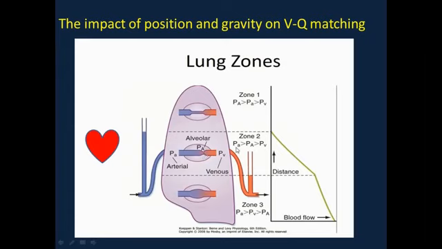So the arterial pressure is higher than alveolar, but alveolar is higher than venous. So the venous flow will be low, and the blood flow will decrease or stop at the end of systole. In the lower part of the lung, the blood flow will be continuous, systole and diastole. Here you have the arterial higher than venous, and venous higher than alveolar pressure.